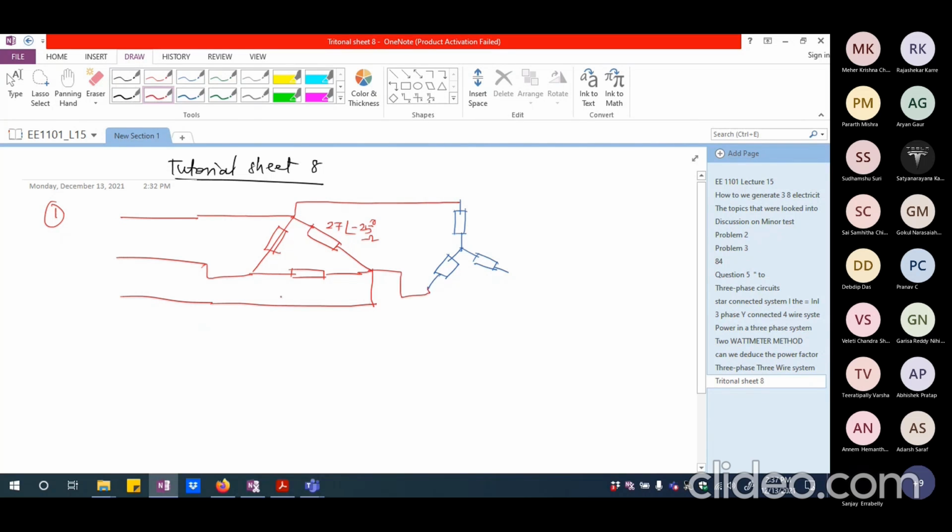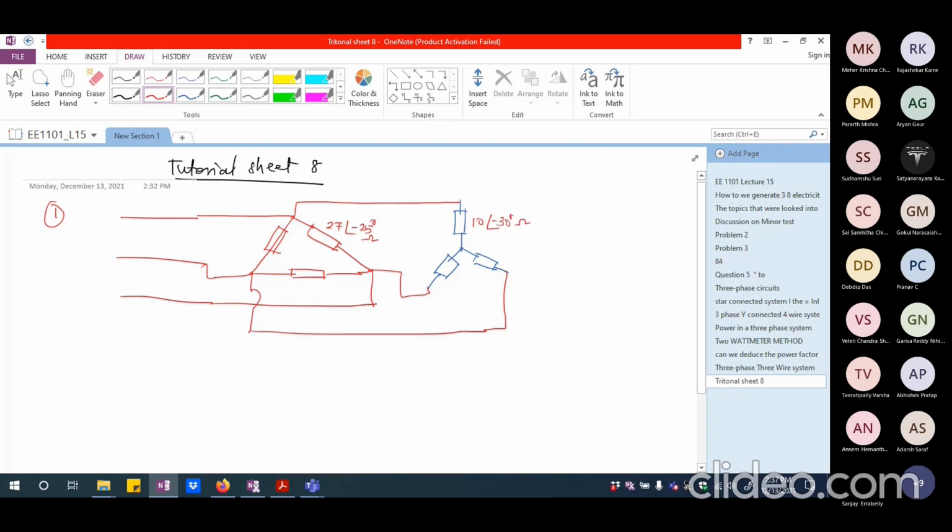And the third phase, let me say I am taking it from here and connecting it here. So this is a balanced system with one star connected load and one delta connected load. And the Y connected load value is given as 10 angle minus 30.